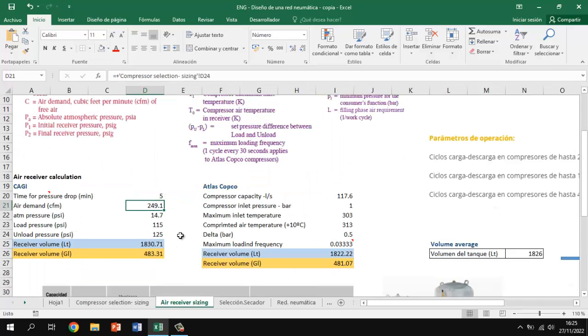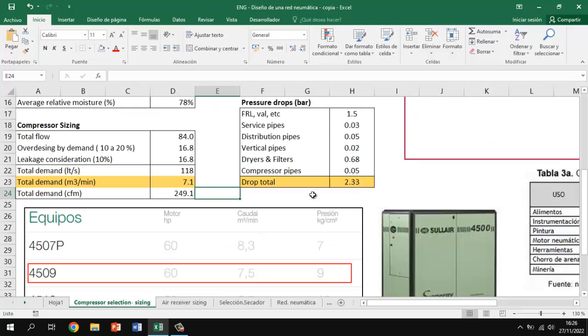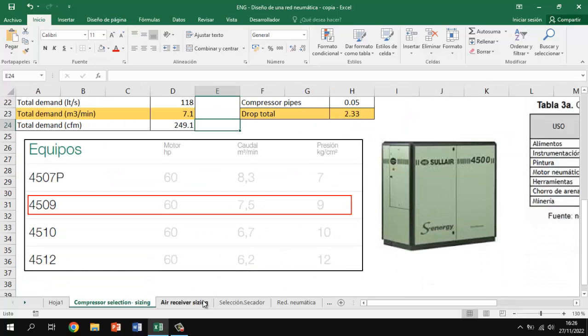Then we also have the atmospheric pressure, you know it, 14.7. Then we have the load pressure and the unload pressure. I put in this case 115 and 125. Why? Actually, this 125 is the data of the compressor selection.